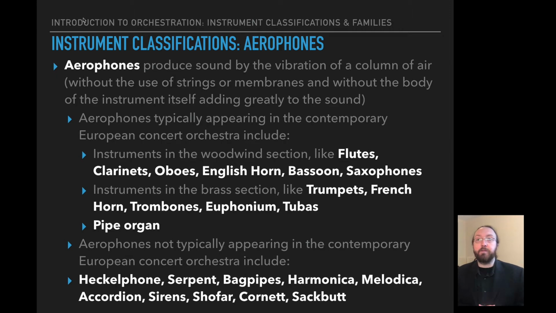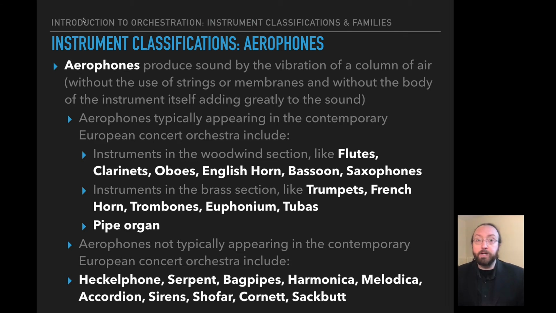Aerophones produce sound by the vibration of a column of air without using strings or membranes and without the body of the instrument itself adding greatly to the sound. Because of this, typically these are going to be referred to as wind instruments and usually are woodwinds and brass instruments in the orchestra, though some others do appear.